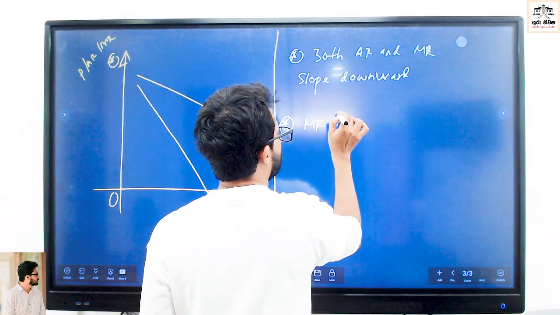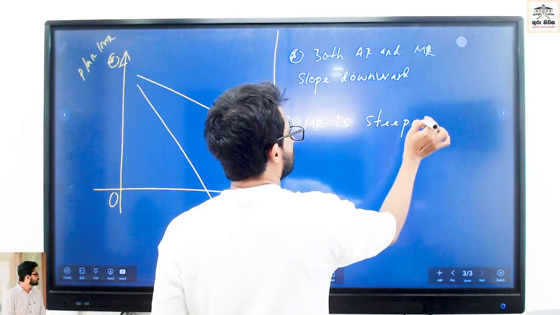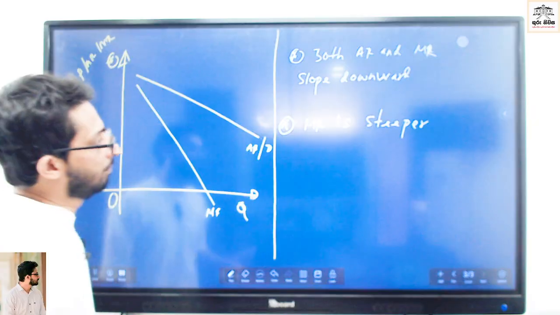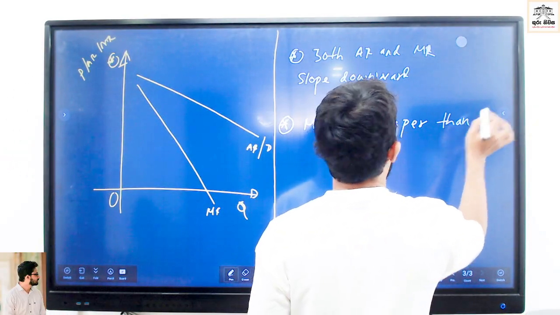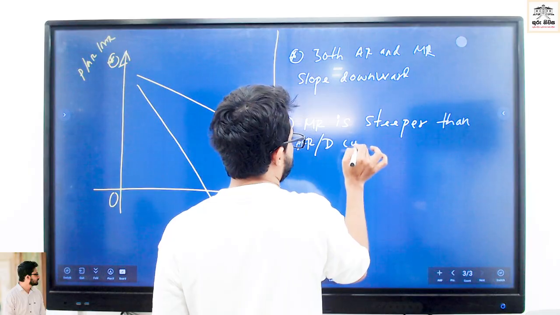Marginal revenue is steeper. You can see that MR is steeper than AR, or we can say the demand curve.